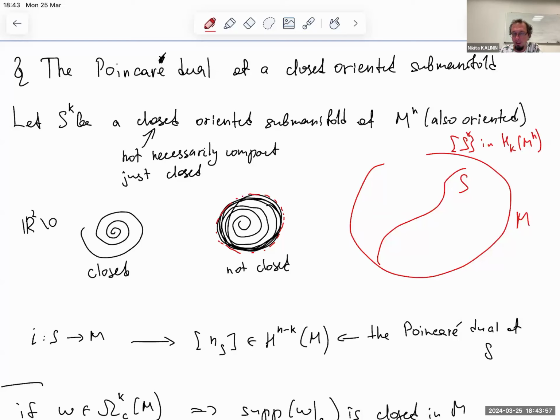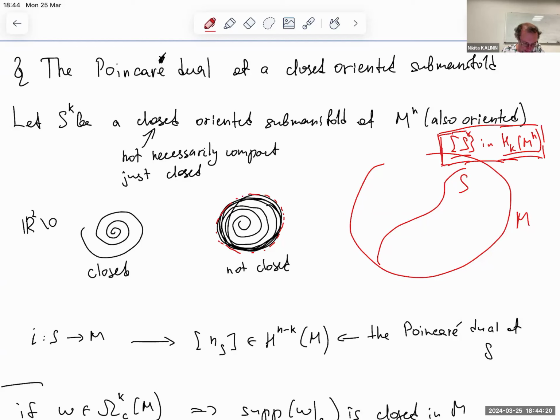And so it's natural to ask, is it possible to do it in cohomology? When you consider simplicial homologies and cohomologies, you can do it by duality. But here we consider cohomologies as de Rham cohomologies. So we can try to understand it from the point of view of forms. Okay, so let's do it.